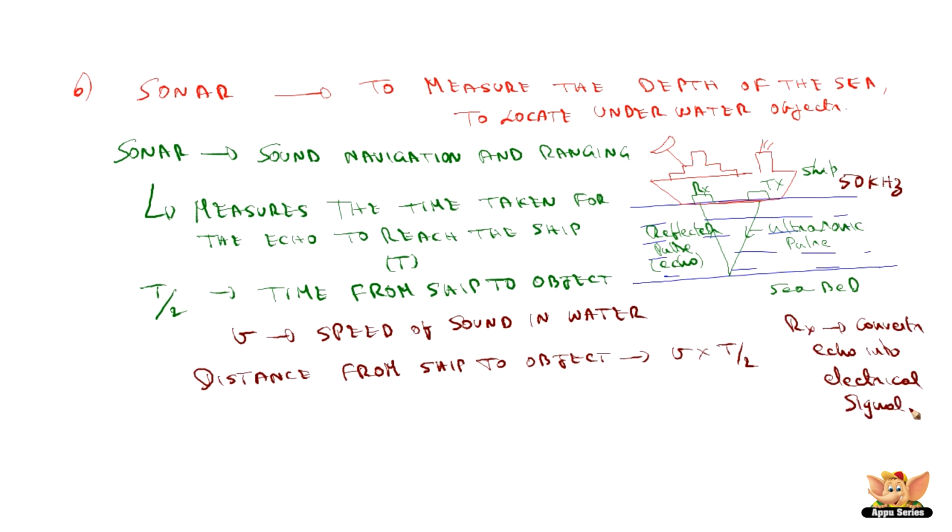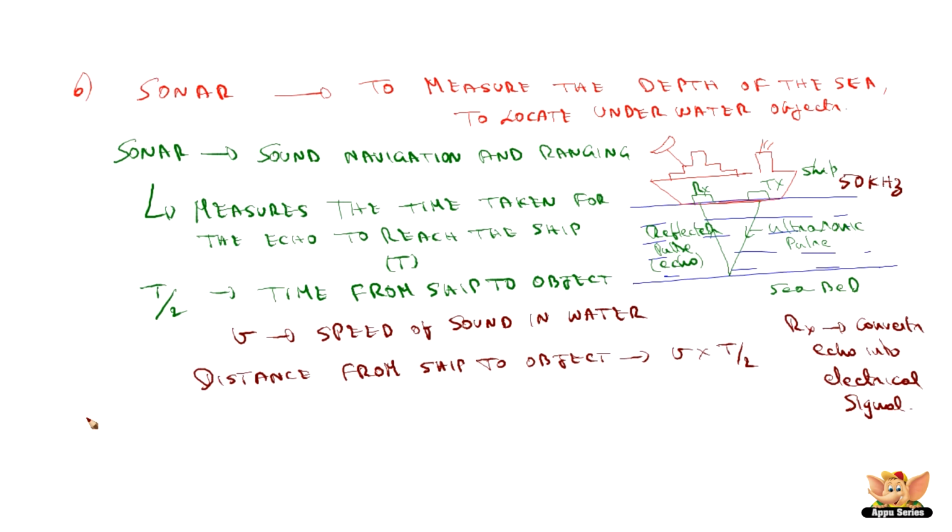This is the working of sonar. Remember that the speed of sound in water, whether it is ultrasonic sound or ordinary sound, is the same, 1500 meters per second. That is what we have seen earlier.